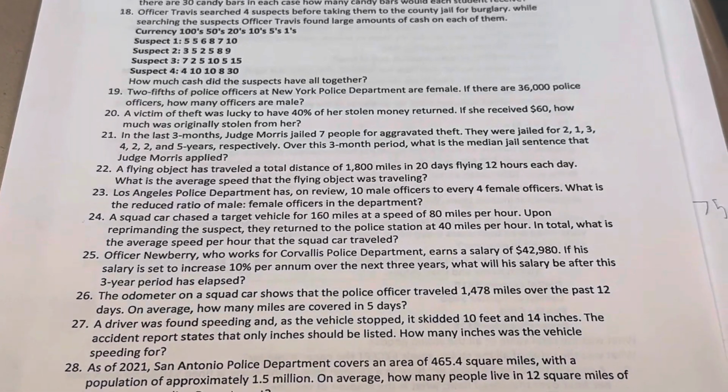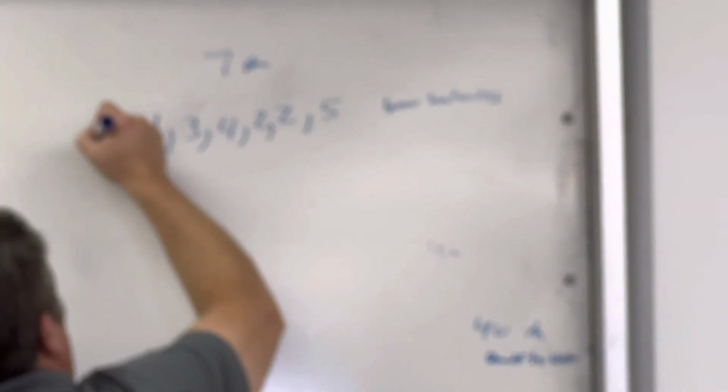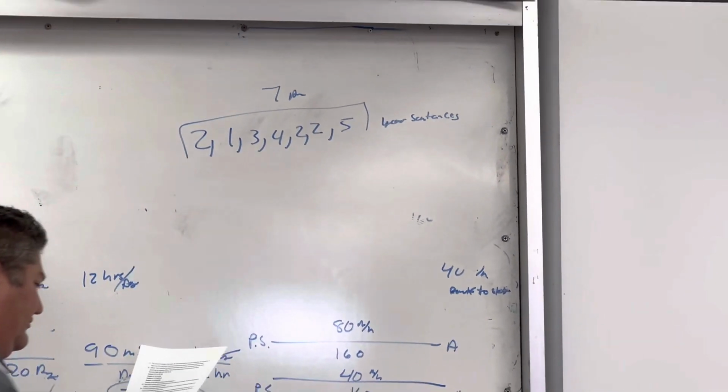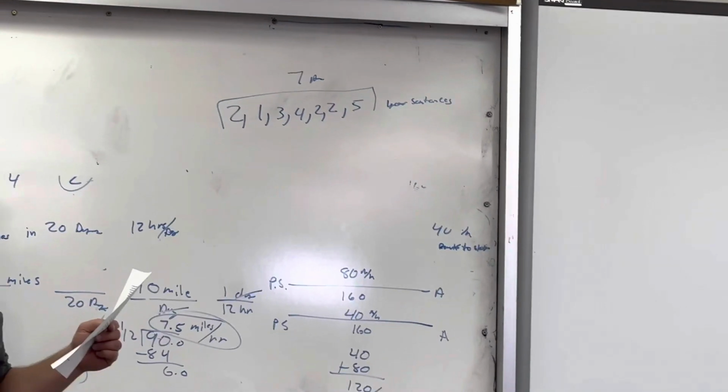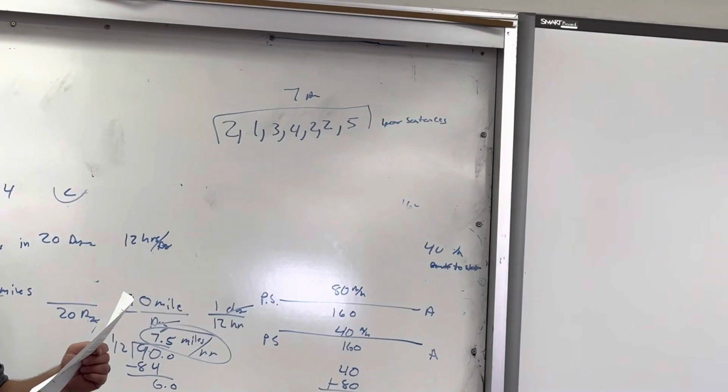Okay, so how many total do I have? 7 people. That's how long they were jailed for. Over this 3-month period, what was the median jail sentence that Judge Morris applied?